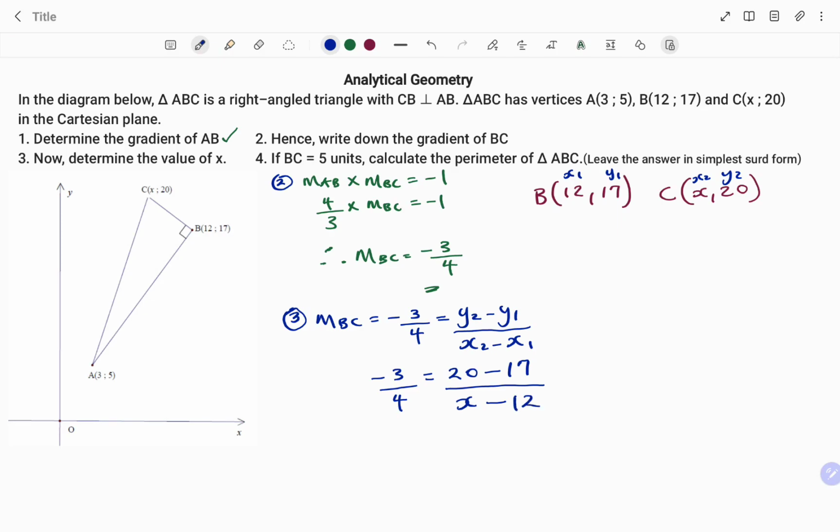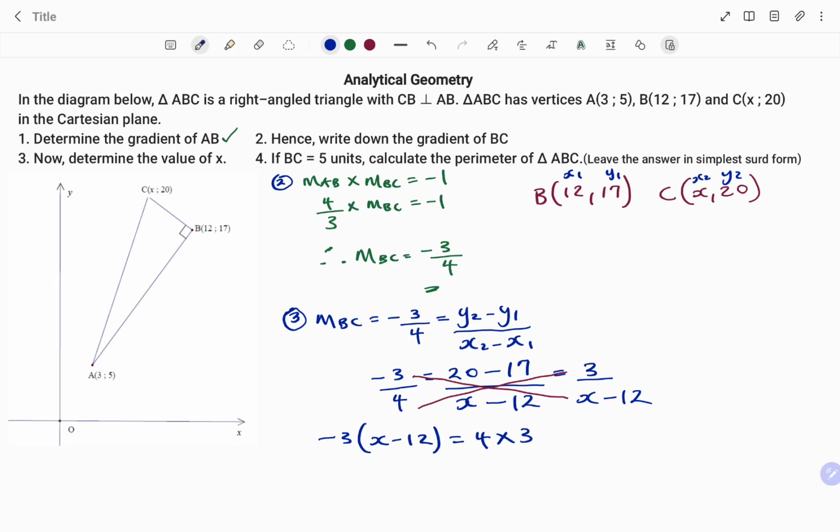From here, I have 20 minus 17, that's 3, over x minus 12. If I cross multiply, my negative 3 multiplies x minus 12, and 4 multiplies 3. What I'll be left with is negative 3 multiplying x minus 12 is equal to 4 times 3, which is 12.